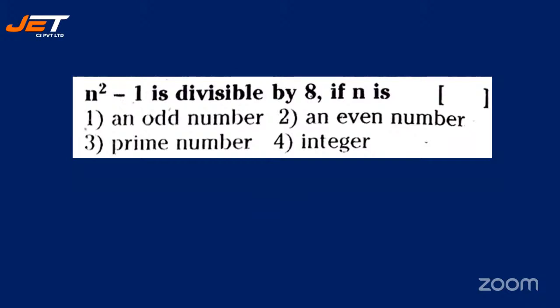Here's the last one. N square minus 1 is divisible by 8 if n is an odd number, an even number, prime number, integer.